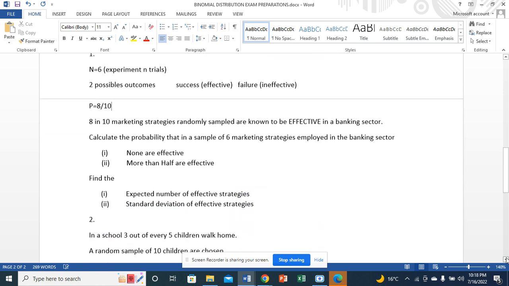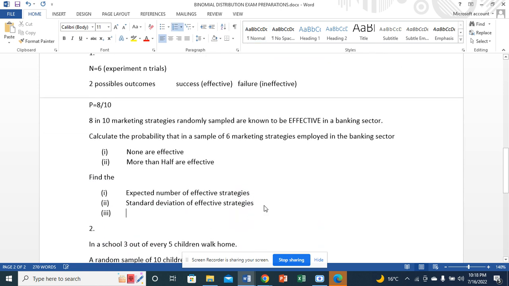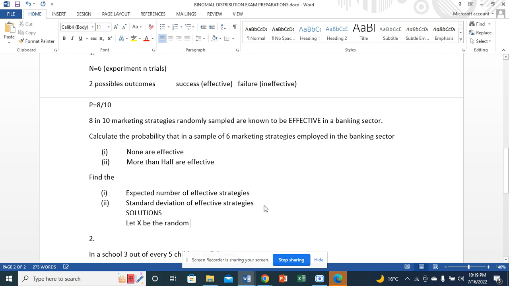So what we're going to say, let x be a random variable which represents effective strategies.